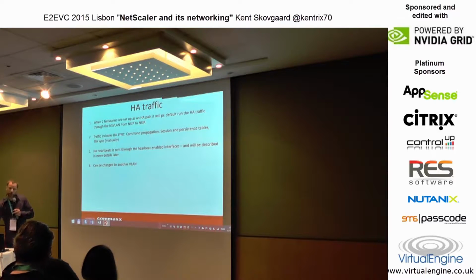This can actually be changed to another VLAN, and I'll explain that later. It can be tagged or non-tagged, depending on. It's a slightly advanced setup, but you can tag everything on a NetScaler. Most people change this in the command line.